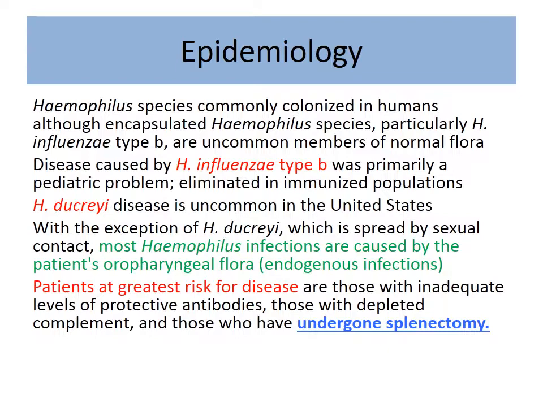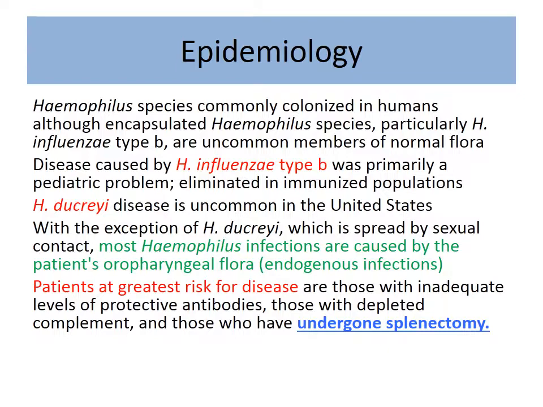If you look at the epidemiology, you will see that most of the time, as far as H. influenzae type B is concerned, it's pretty much eliminated because of the vaccine. The only other thing that we may see in the United States and some of the Western world is an STD, where people will get this particular Haemophilus through some of the sexual patterns they may have, picking it up from patients' oropharyngeal flora, and then it will present as a genital ulcer.